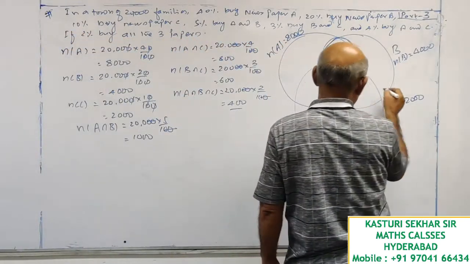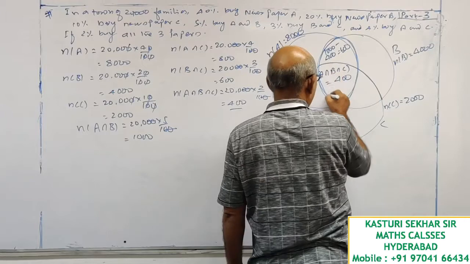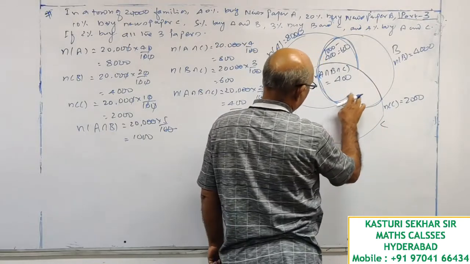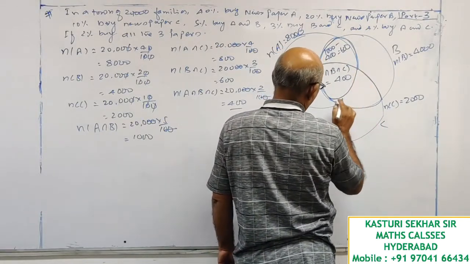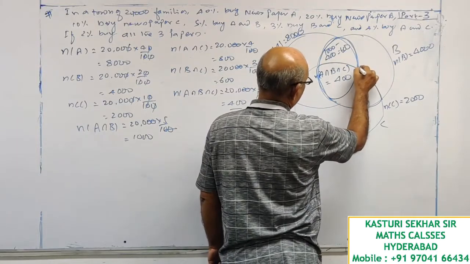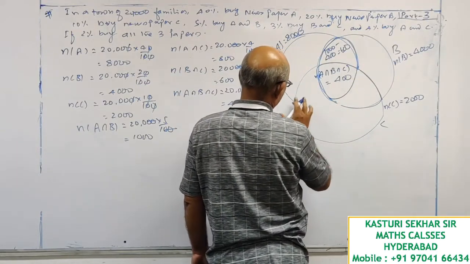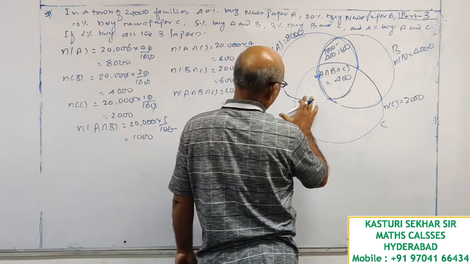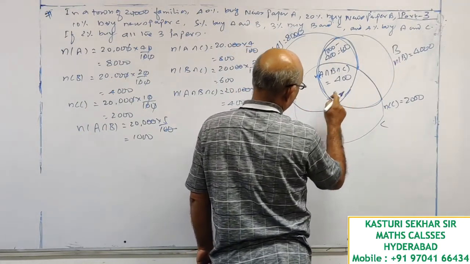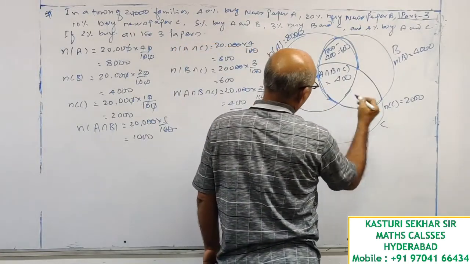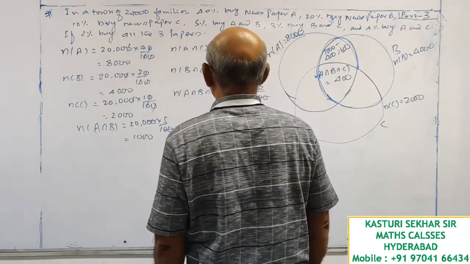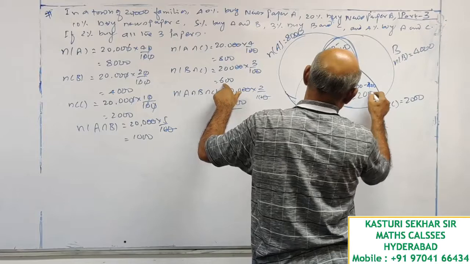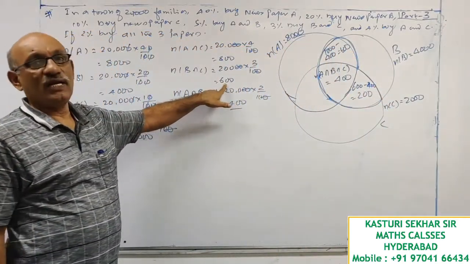Let us go to this part, B intersection C. B intersection C is 600 minus 400, which is 200.